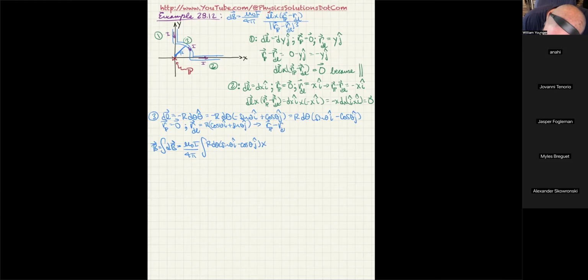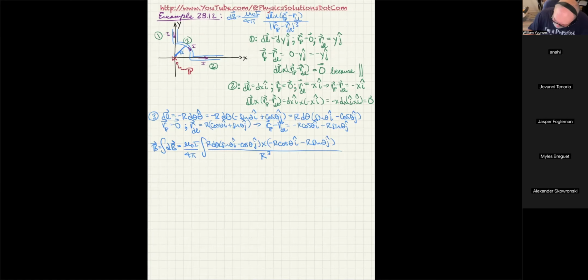Rp minus r dl is clearly equal to negative r cosine theta i hat minus r sine theta j hat, and all of that will be over the magnitude of rp minus r dl, which is just r, and it has to be to the third power, so that's r cubed.